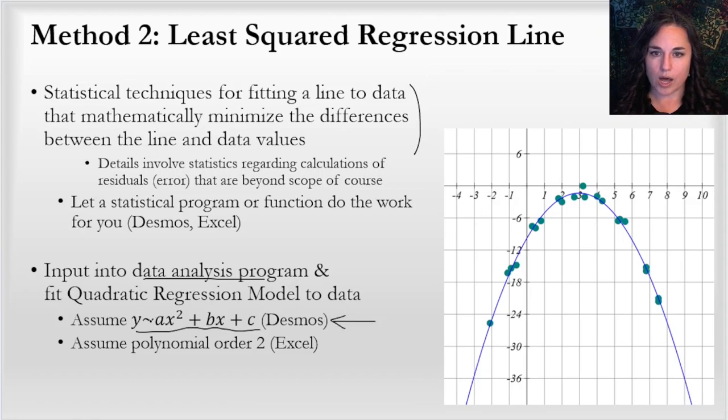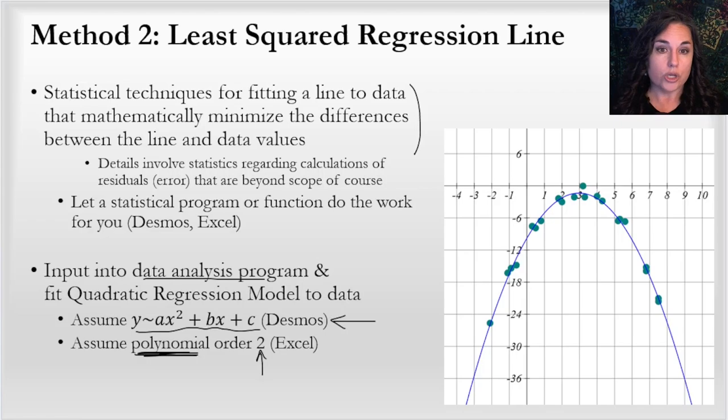So we'll say y goes as ax squared plus bx plus c, our general form, all right? In Excel, it doesn't have a quadratics option. What you have to choose is a polynomial, and then you need to tell it it's an order 2 polynomial. And we know that. It's an order 2. The order is the highest power of x. It's 2 in this situation.